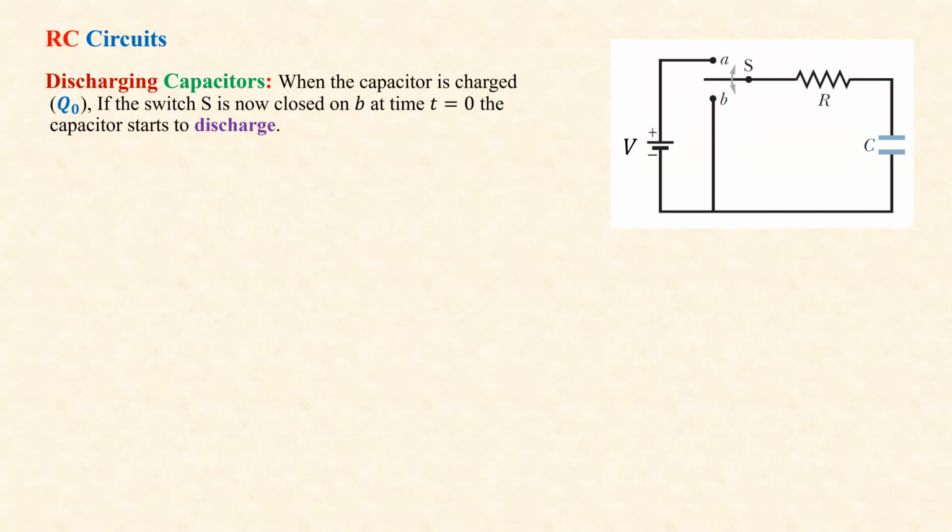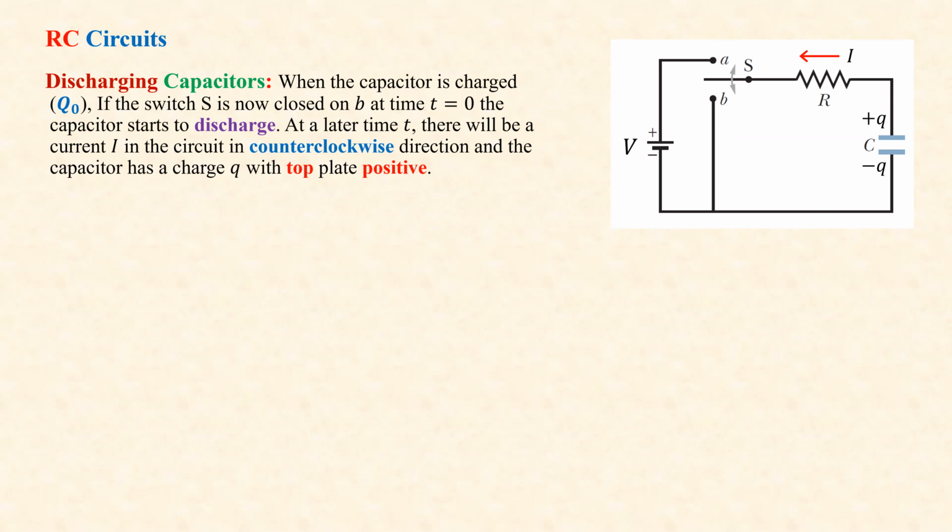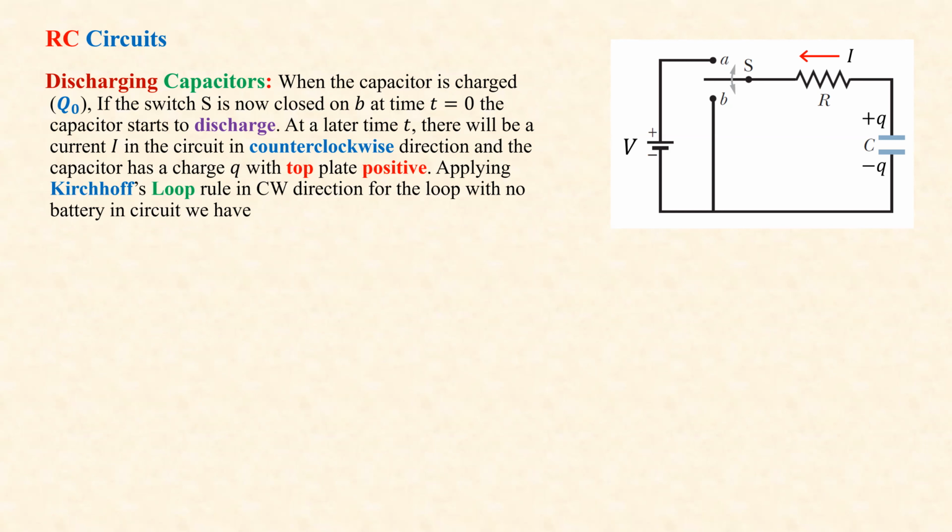When the capacitor is charged, if the switch S is now closed on B at time t equal to 0, the capacitor starts to discharge. At a later time t, there will be a current I in the counterclockwise direction, and the capacitor has a charge Q with top plate positive.